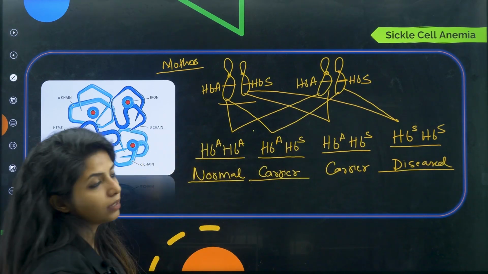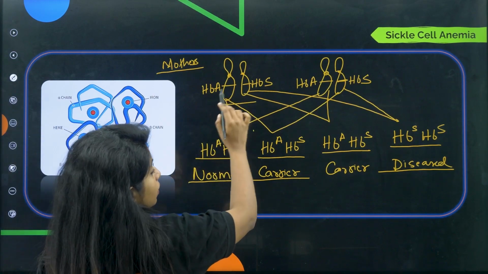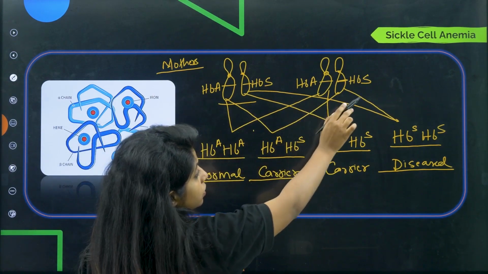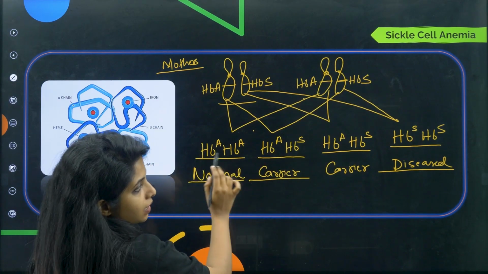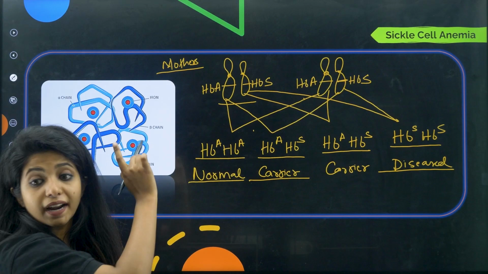So out of 4, I am talking about the heterozygous condition, where you have different types of alleles. This is not the same, the same is like this or this. This is not homozygous, this is heterozygous.